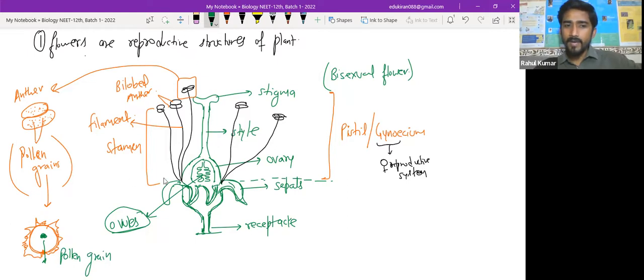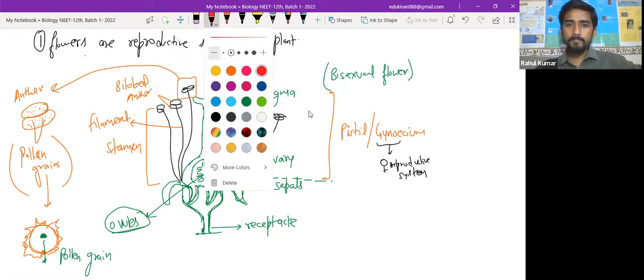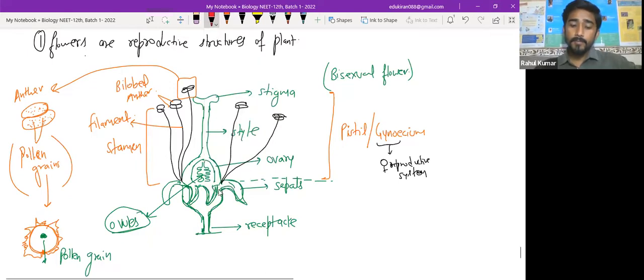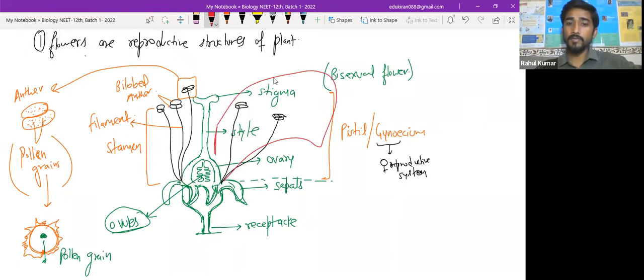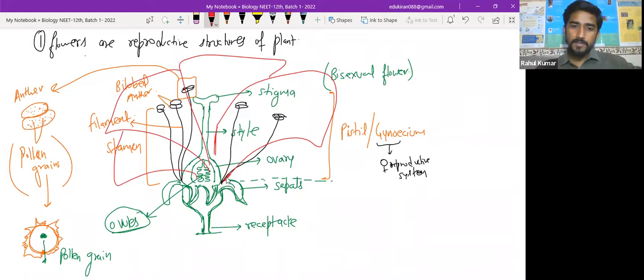So this is the male part. This is the female part. These are the reproductive structures. Along with this, there are very lavish petals, which are these red. What I'm drawing in red here are petals. Petals serve only one purpose, and that is attracting the pollinator by color.